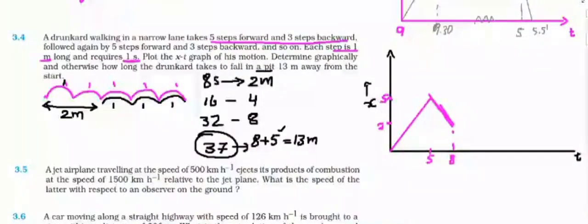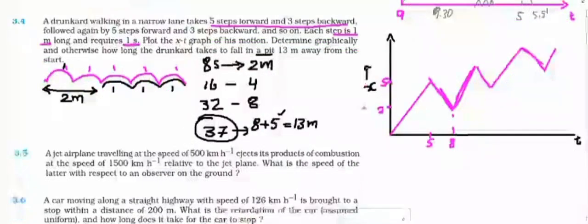This is 5. So like this, the graph will continue. You can mark the graph, so it will be like this every time. Time increases while he travels forward, then backward, and again forward, then again backward. In that way, you will get the x-t graph.